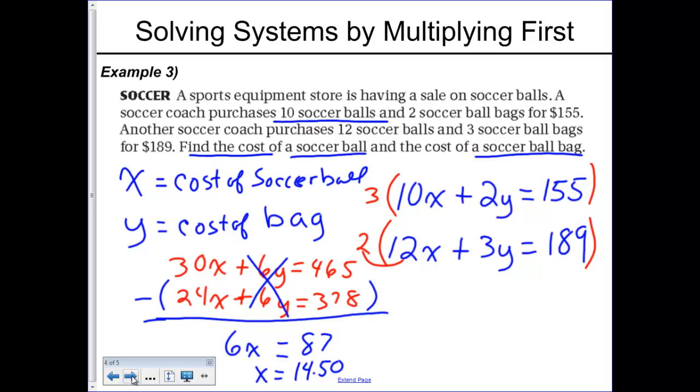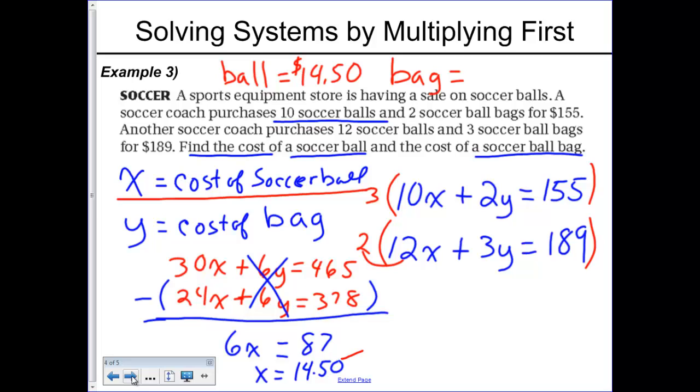Now, keep in mind, the cost of x is the cost of the soccer ball itself. So the ball costs $14.50. And then the bag is the only unknown remaining. So how do we calculate that? Take our $14.50 and plug it into this equation up here.